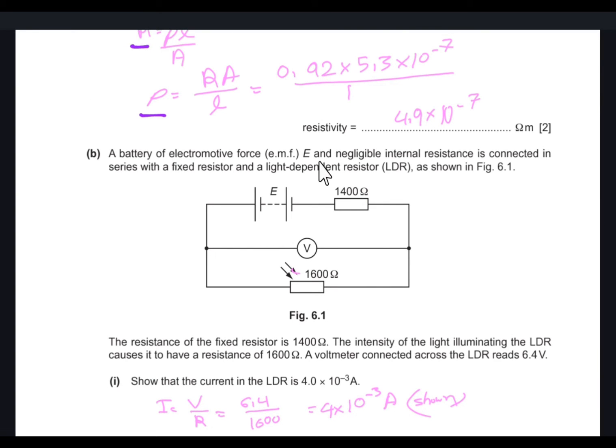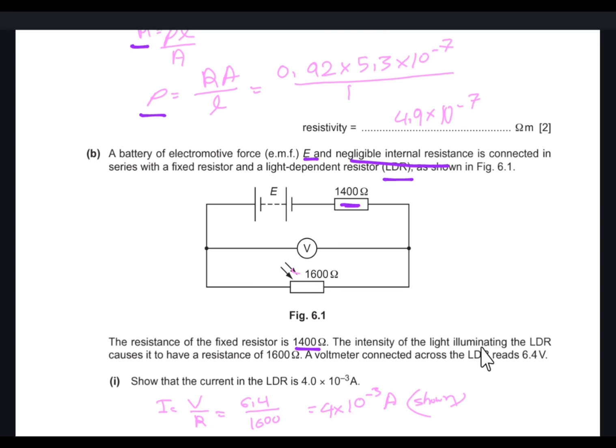A battery of EMF E and negligible internal resistance is connected in series with a fixed resistor and a light dependent resistor, LDR. The resistance of the fixed resistor is 1400 ohm. So the resistance of the fixed resistor is given.